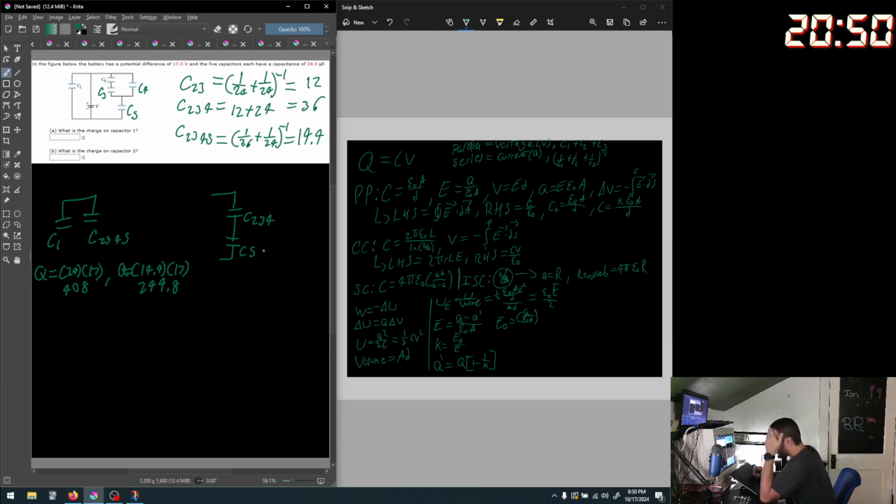We know that C5 is going to equal, let's see, the charge is going to carry over. So this one's going to be 244.8 equals the C, which is 36, times an unknown voltage. So we're going to divide this to find the voltage here.